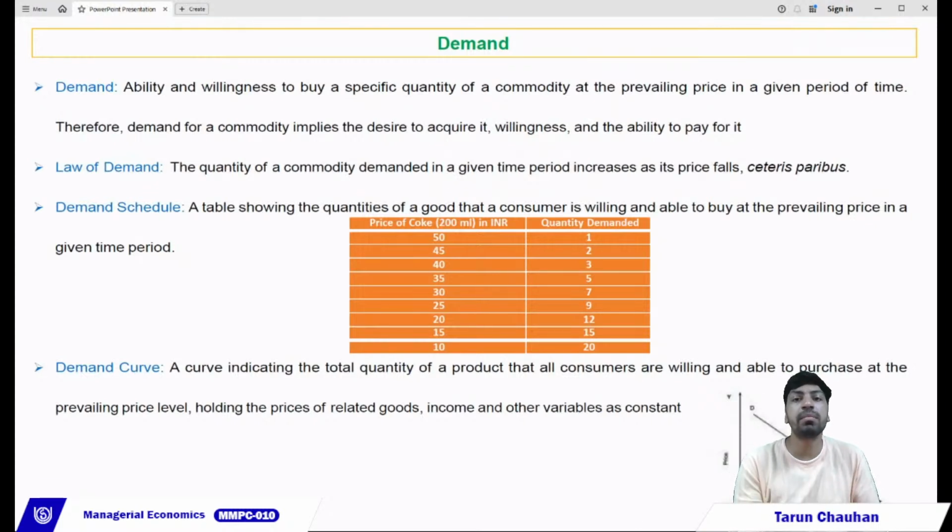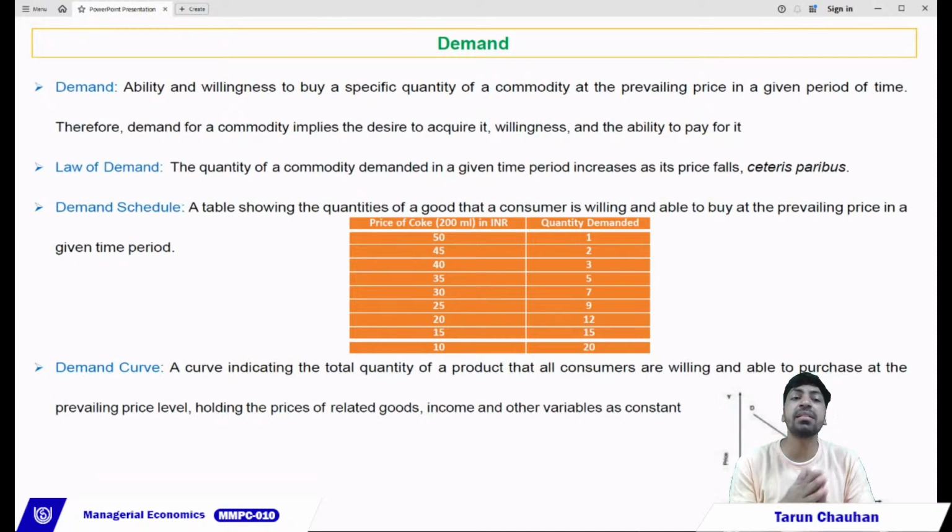What is the meaning of demand? Demand refers to any person who has a natural desire and has an ability to pay and a willingness to pay a specified, particular price to buy any product. That's called demand. In case of demand, there are three main conditions.